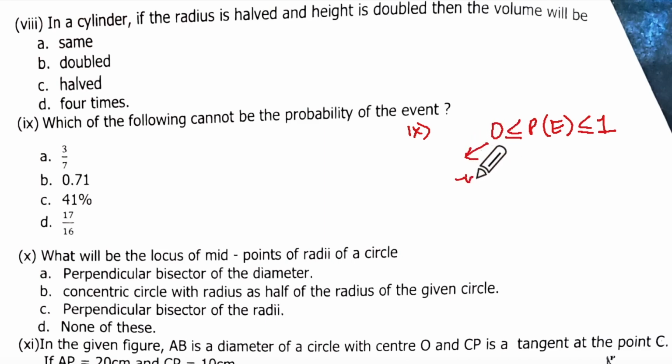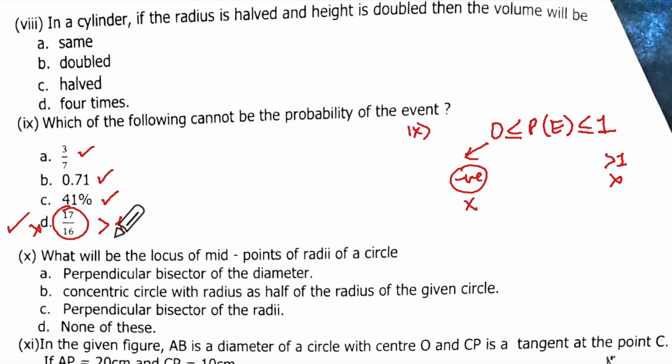That means it can't be negative. Can it be negative? No. And can it be greater than 1? No. Now this is a fraction, 41 upon 100. And this is 1/116, can you see? This is greater than 1. Can you see that? So this is greater than 1, which is not possible. So the correct option is D.